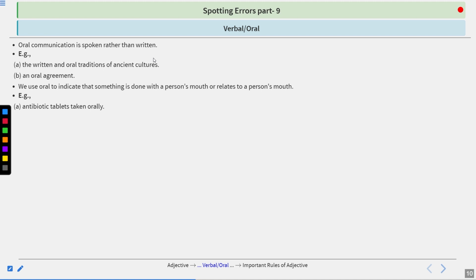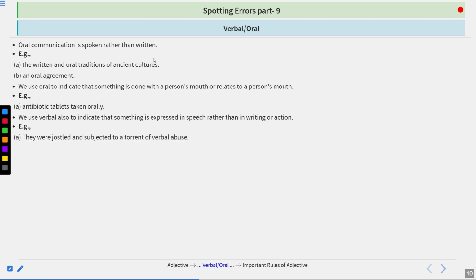Antibiotic tablets taken orally. We use verbal also to indicate that something is expressed in speech rather than in writing or action. They were jostled and subjected to a torrent of verbal abuse. We have a verbal agreement with her. I hope you have understood.